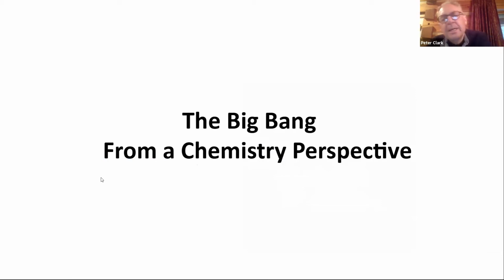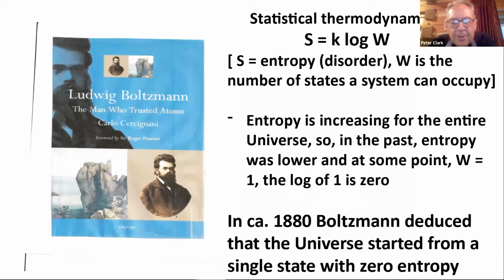Okay, now we get to the Big Bang from the chemistry perspective and go straight on to the next slide. And this remarkably is a consequence of the study of statistical thermodynamics by Ludwig Boltzmann, who was a physicist, another Austrian, again held various positions.